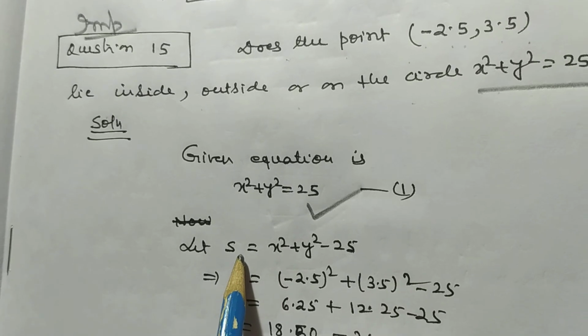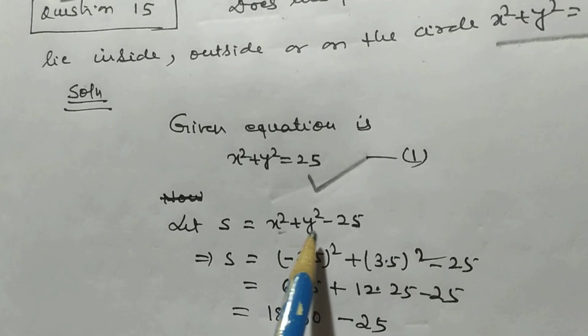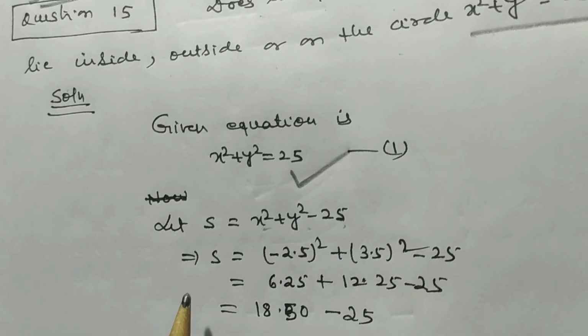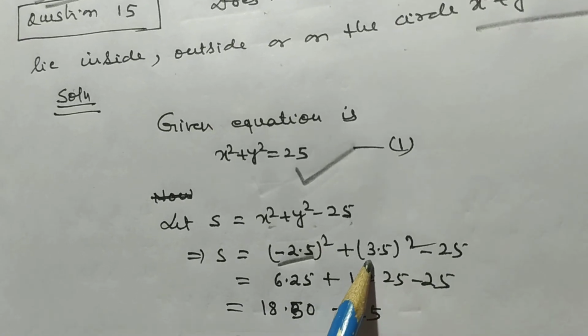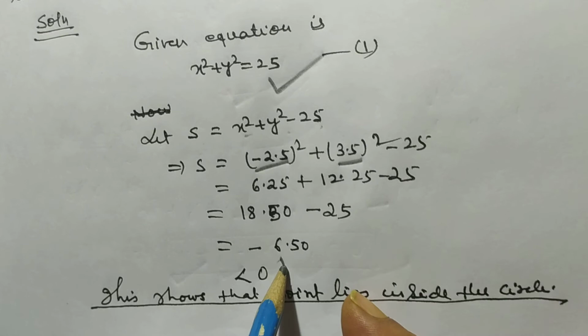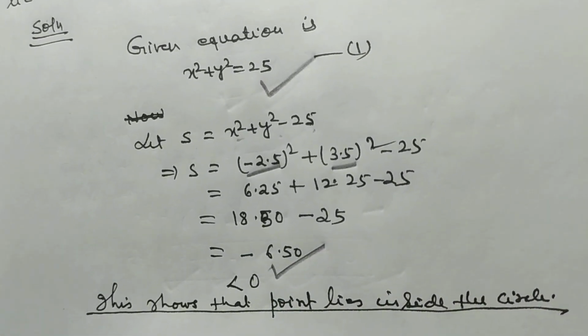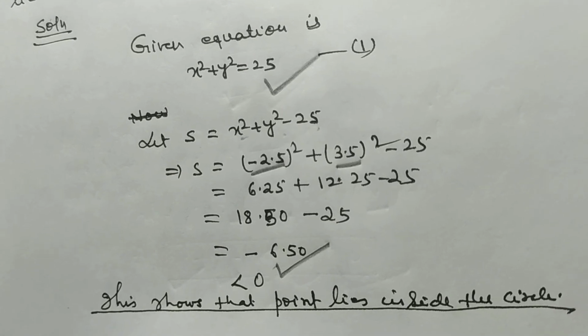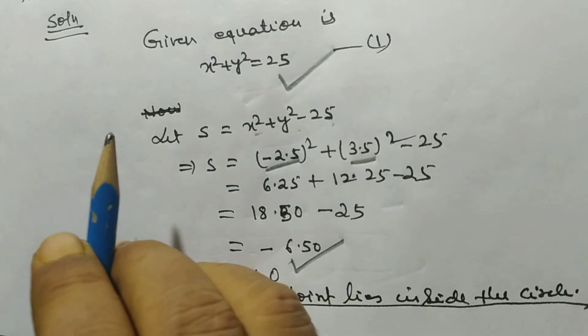We consider S to represent the circle, x² + y² − 25. Now put x = −2.5 and y = 3.5, squared. After solving it will be −6.50. So S < 0, which shows that the point lies inside the circle.